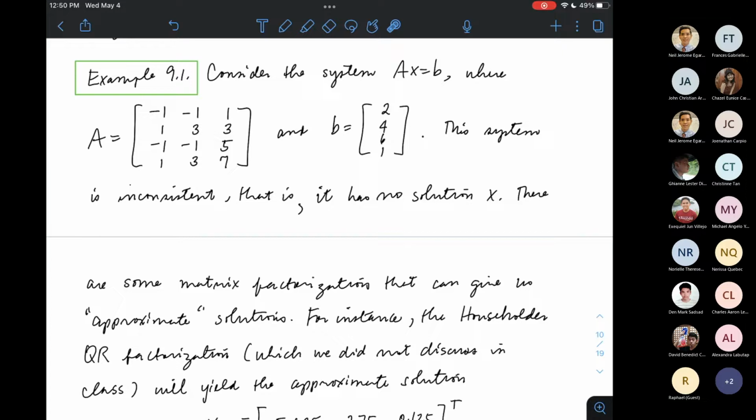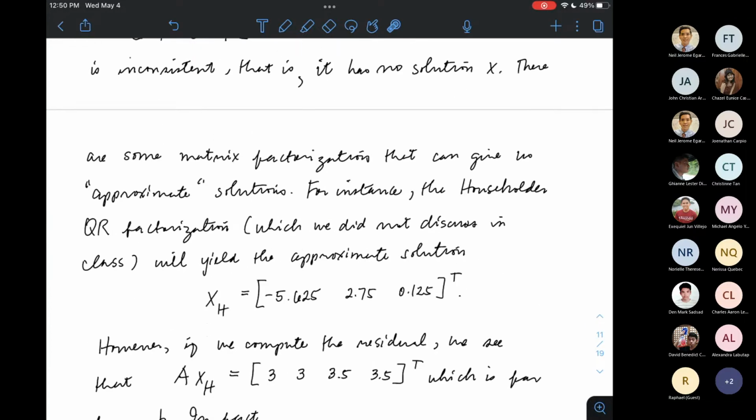One way to do this ay yung tinatawag na householder QR factorization. So ito isa tong matrix factorization method, which unfortunately we didn't have time to talk about. All right, so isa siyang method na gumagamit ng Gram-Schmidt orthogonalization process.